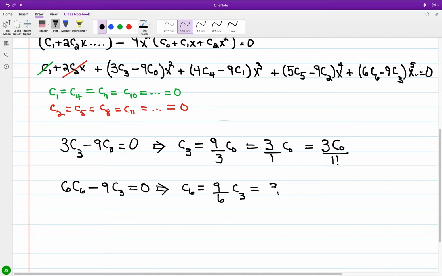And condensing, I have 3/2 c of 3, and with c of 3 at 3 over 1 c naught, I'm going to have 3 squared over 2 c naught, and right now I have 3 squared over 2 factorial c naught.